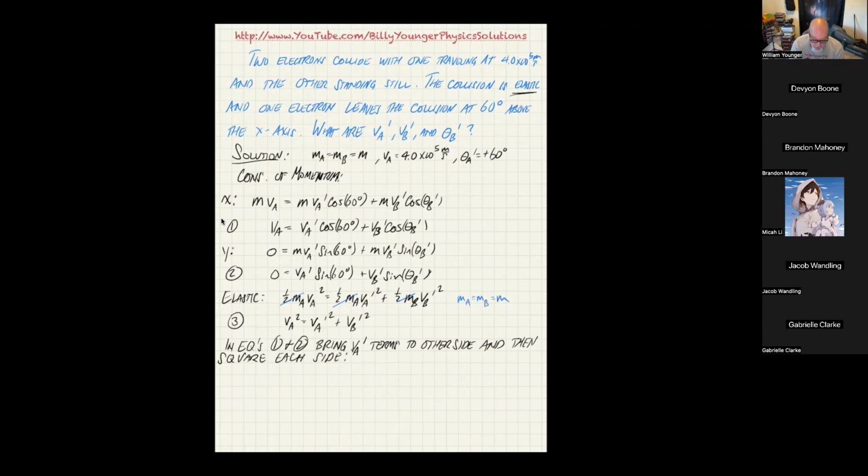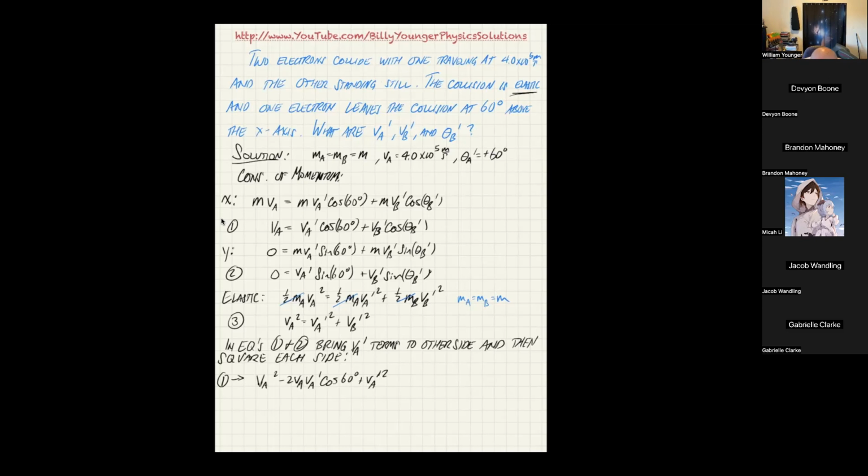Okay, so if I do that, what I'm going to get is, on number 1, which I'll write like this, 1 implies this. Basically, I'm going to get VA minus VA prime cosine 60, and then I'm going to square that. That'll give me VA squared minus 2VA VA prime cosine 60 degrees plus VA prime squared.